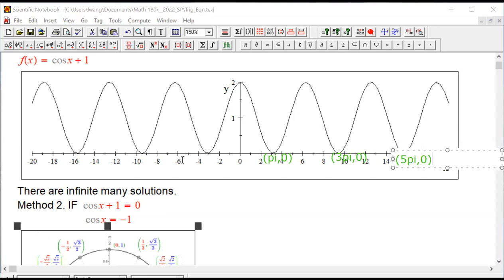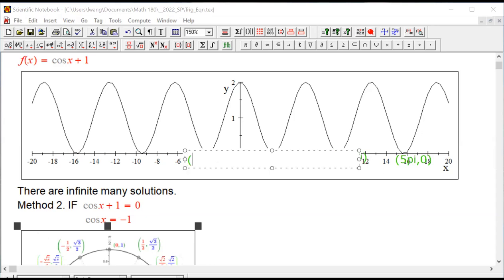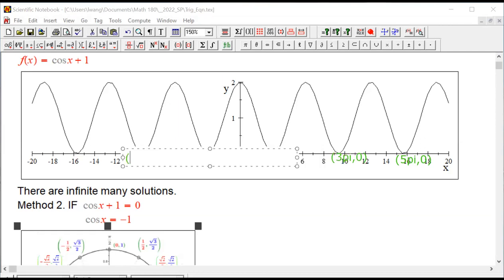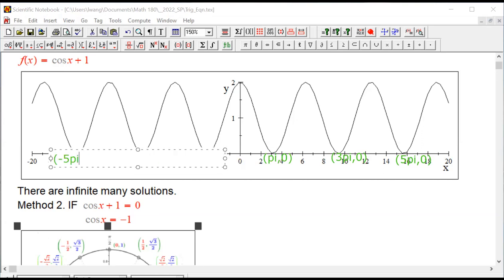On the other side, this is going to be negative pi, comma 0, and -3 pi, comma 0, and so on and so forth, right? And this one is going to be -5 pi, comma 0. So we found the solutions.